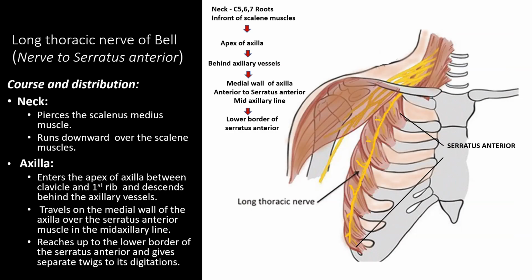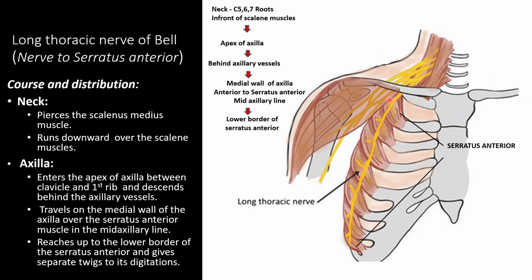Coming to the course, distribution and surface marking of the long thoracic nerve. It begins in the neck and pierces the scalenus medius muscle and runs downwards over the scalene muscles, and it enters the axilla at its apex between the clavicle and first rib.